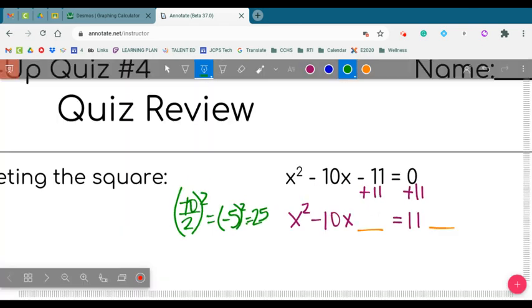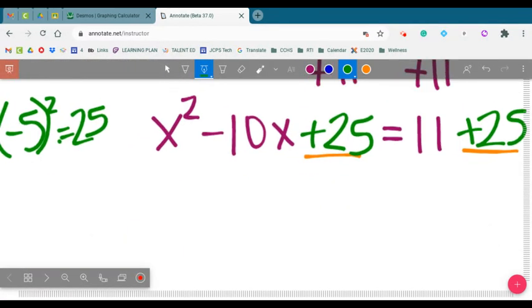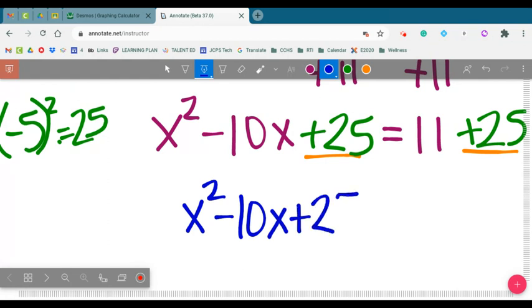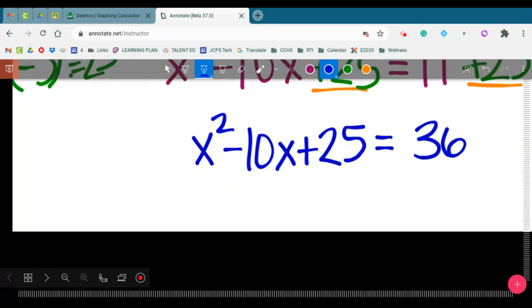So that means I'm going to add 25 to both sides. From this, I get x squared minus 10x plus 25 equals 36, which is 11 plus 25.